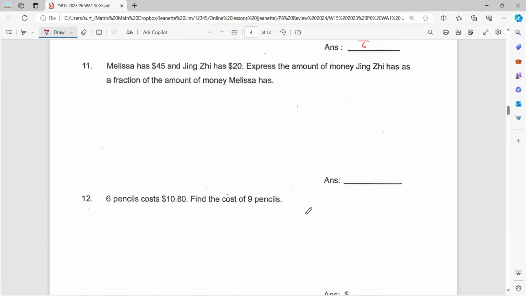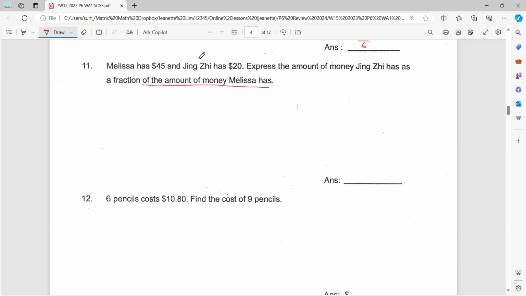Question 11, Melissa has $45. Jingzhi has $20. Express the amount of money Jingzhi has as a fraction of the amount of money Melissa has. Okay, so if it's a fraction of the amount of money Melissa has, Melissa is the bottom, the denominator.